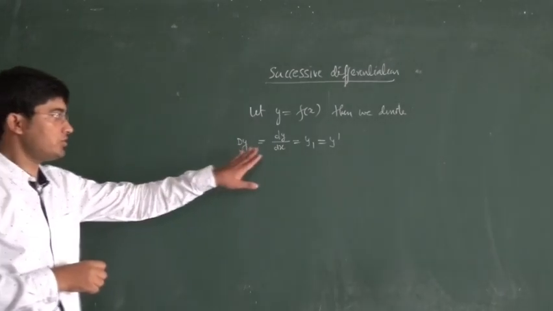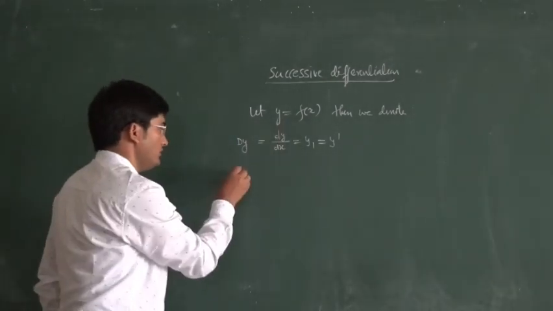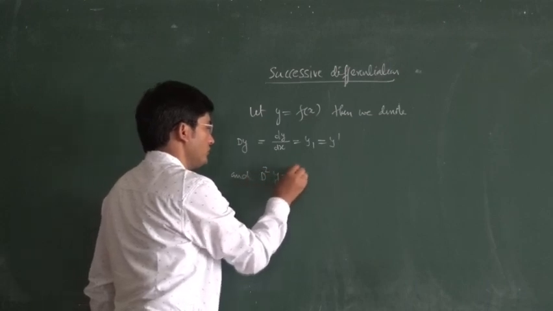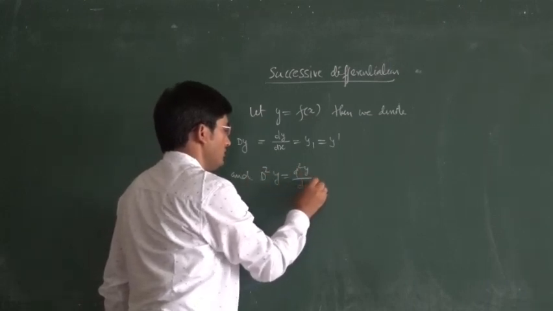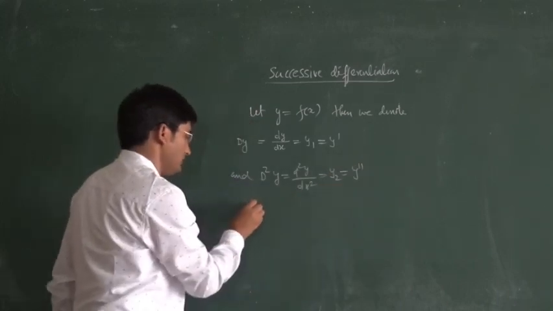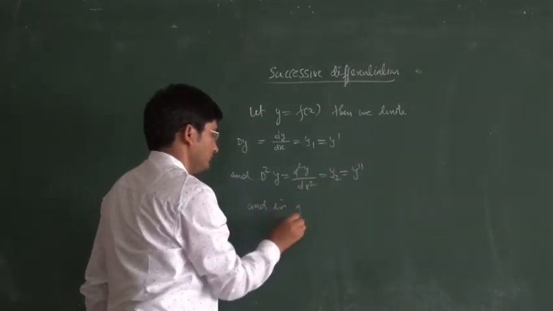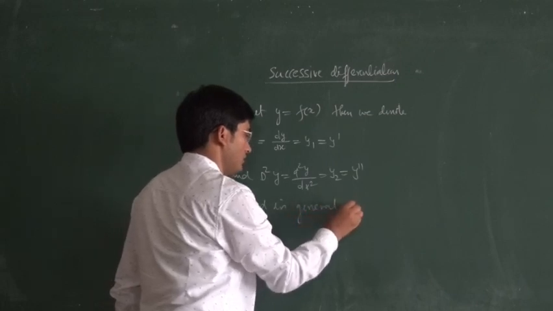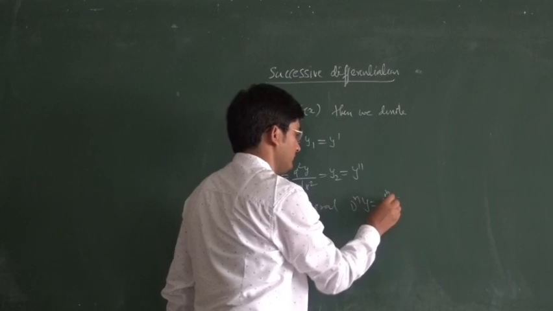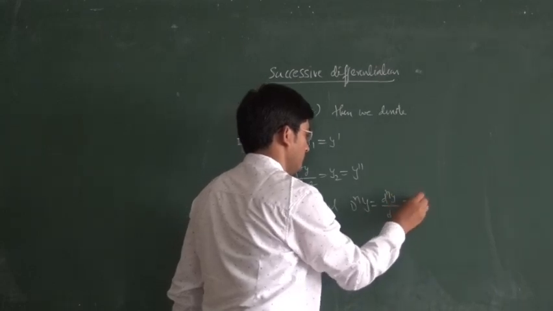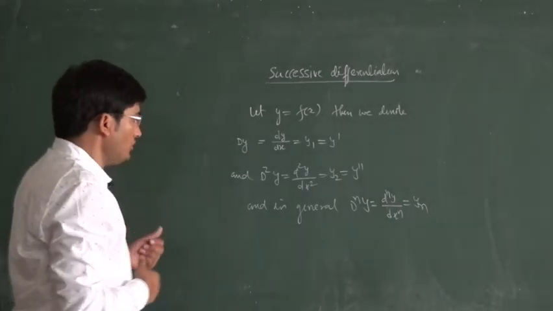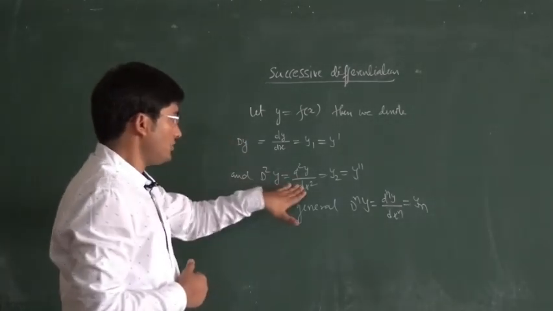So this is our first order derivative of y with respect to x, and our second order derivative will be d²y/dx², and we can also write it as y2 or y double dash. And in general, our nth derivative we will denote by yn. So these are our notations.